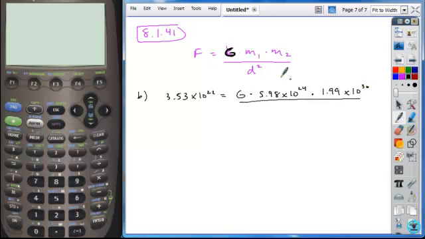And that's all divided by the distance squared. They give you the distance, 1.5 times 10 to the 11th, quantity squared. So here is our equation.